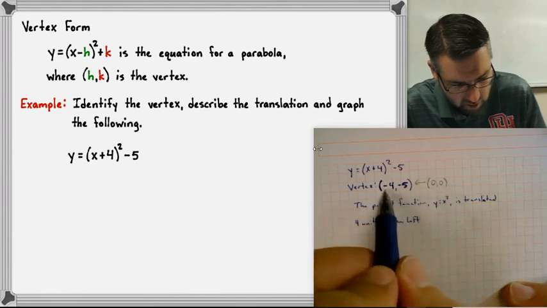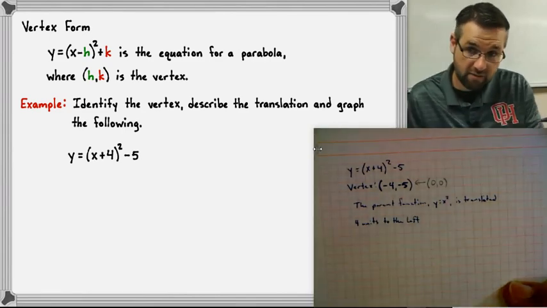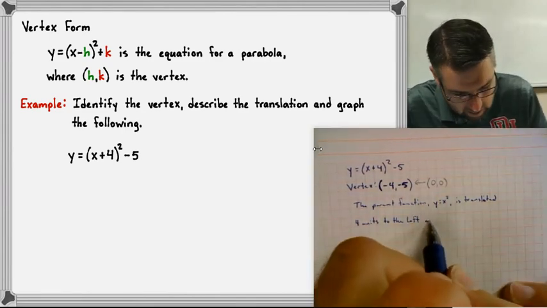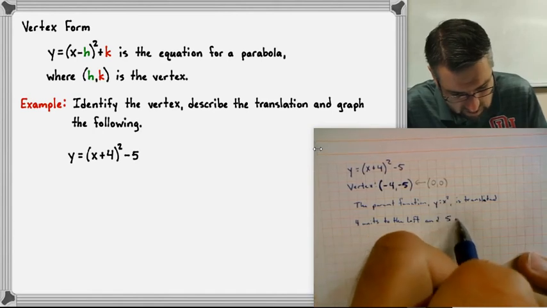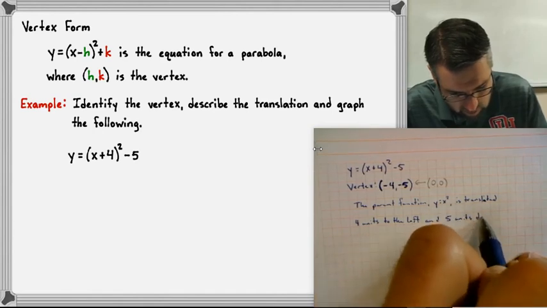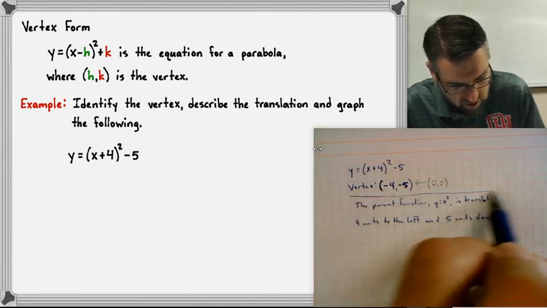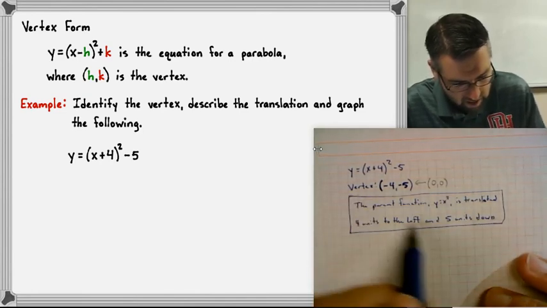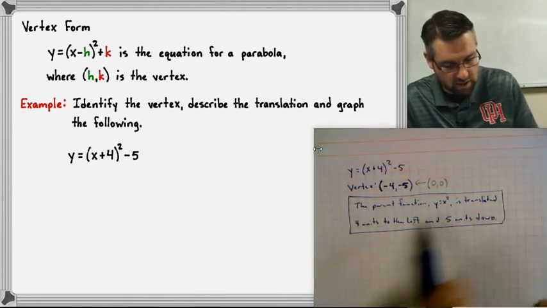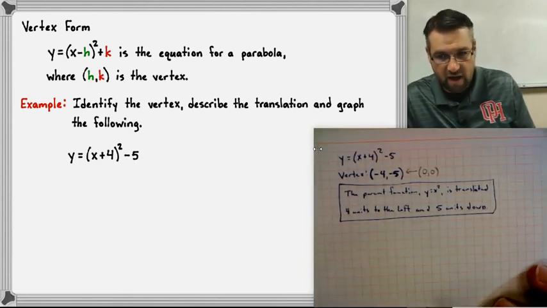Because we went from 0 to negative 4, so we went to the left, and 5 units down. Okay, so this is our description of what took place. The parent function, y equals x squared, is translated 4 units to the left and 5 units down.